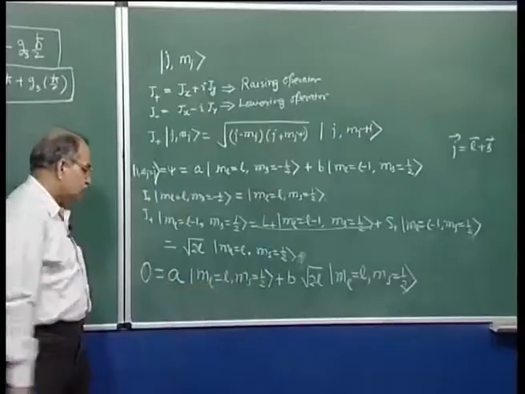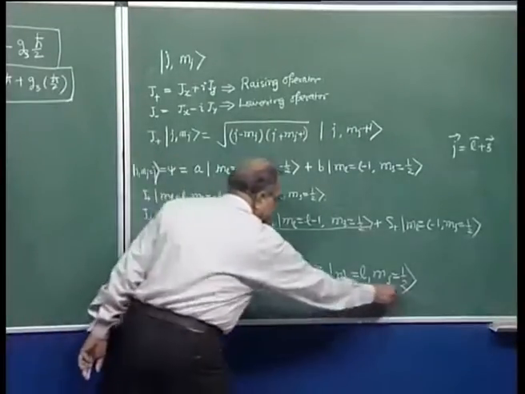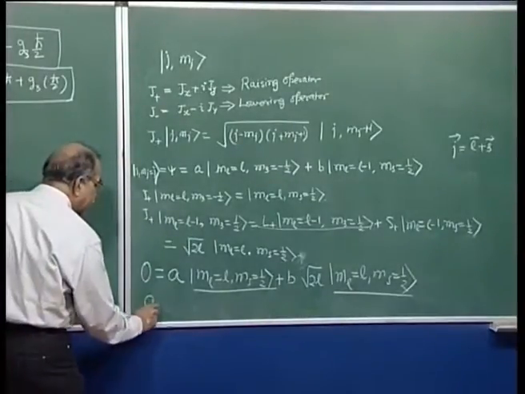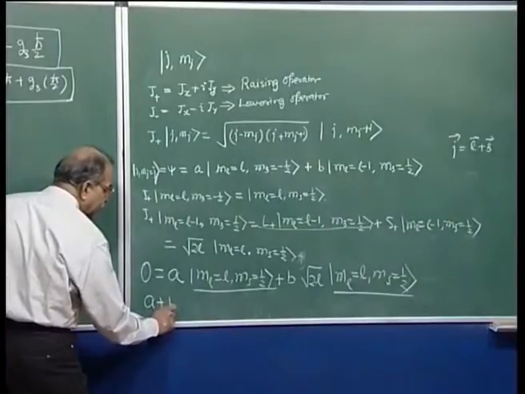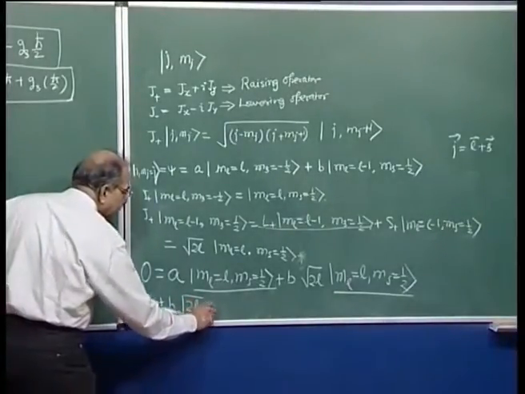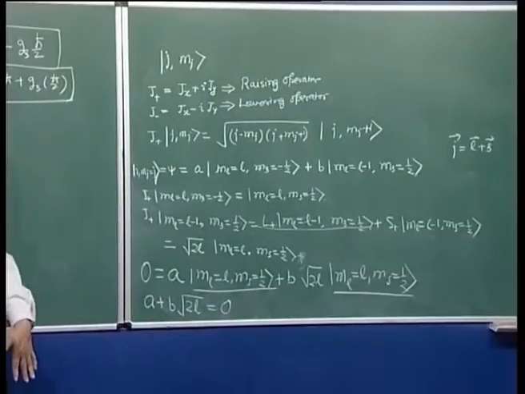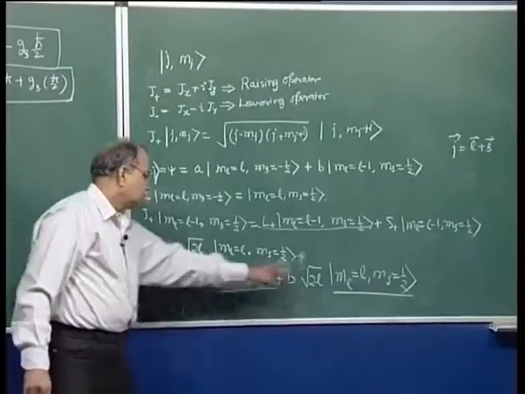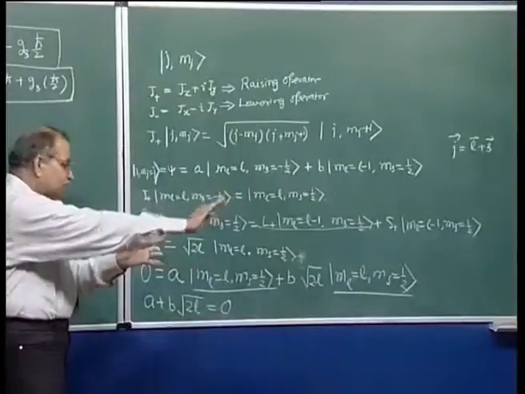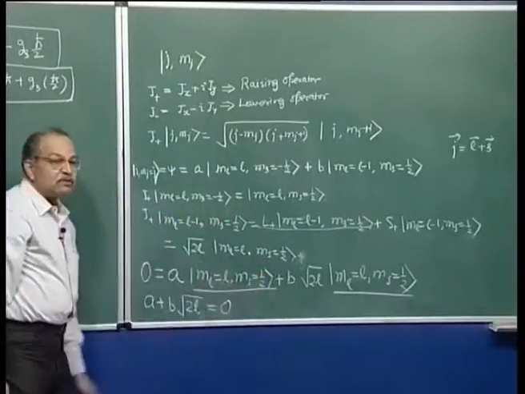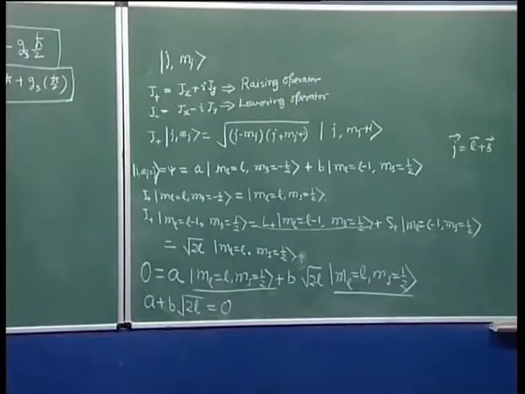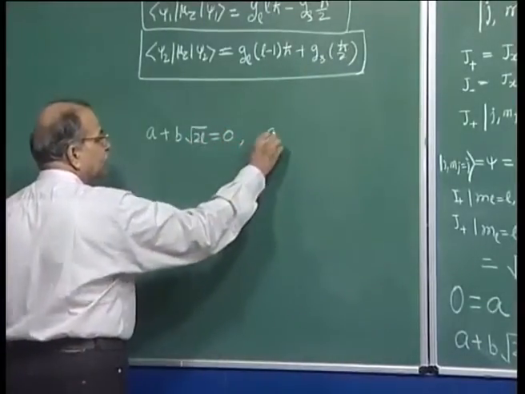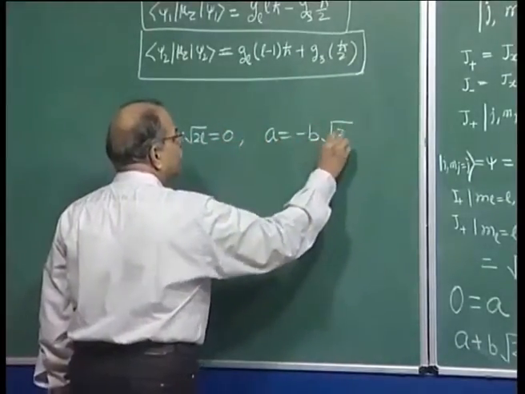Look at these two wave functions, they are the same, with ML equal to L, MS equal to half. So, you can take that wave function on one side and you get a plus b times square root of 2L equal to 0, or a is equal to minus b square root of 2L.